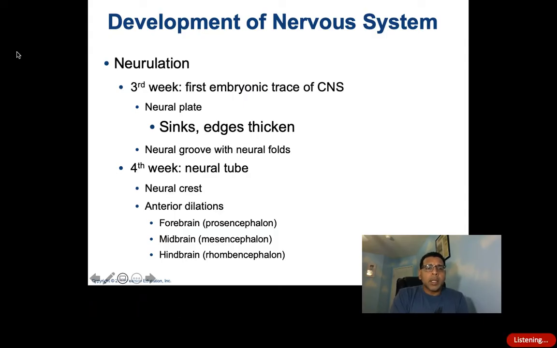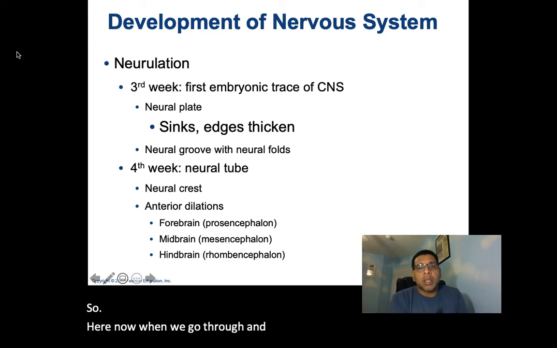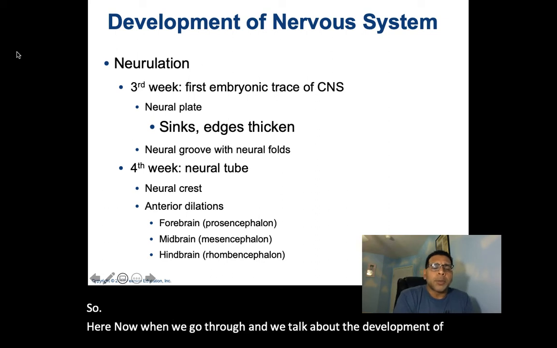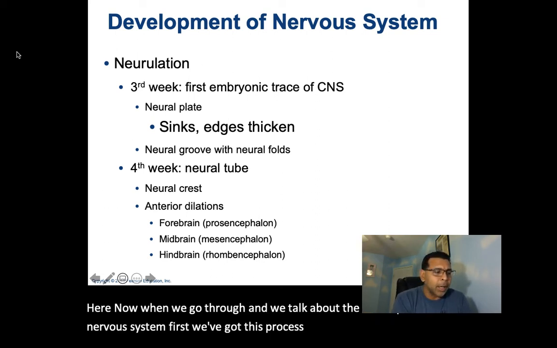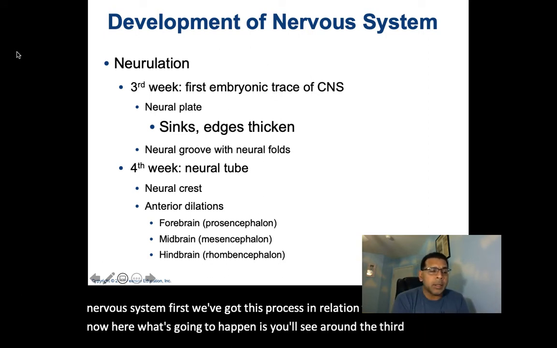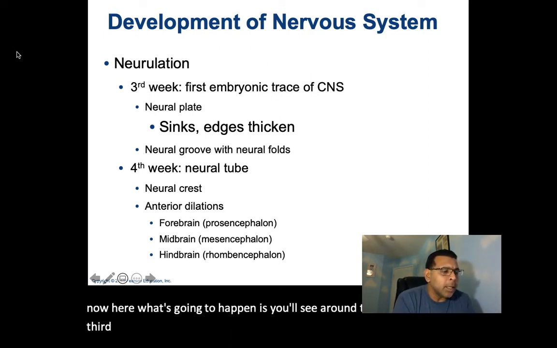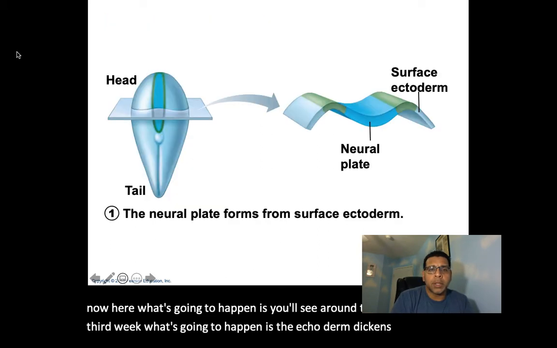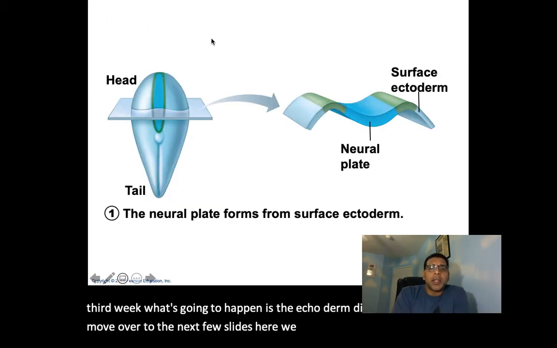All right. So when we talk about the development of the nervous system, first we've got this process of neurulation we want to look at. Around the third week, the ectoderm thickens. Here we can appreciate the dorsal aspect.